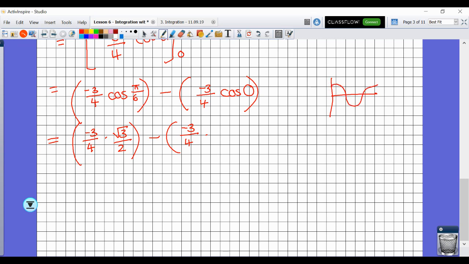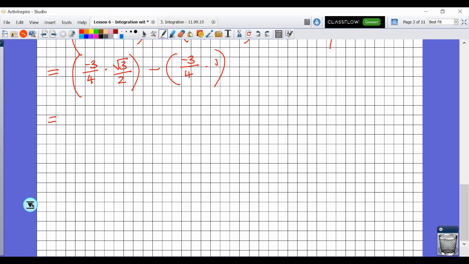If you quickly draw a cos graph, cos of 0 is just 1. So we could simplify this a little bit. That's just going to give me negative 3 root 3 over 8 plus 3/4. You might think, why is that plus? It's a double negative. That's where I've got plus from.